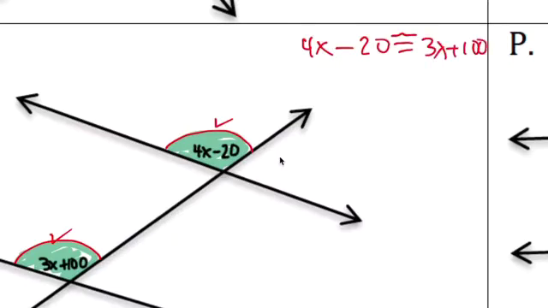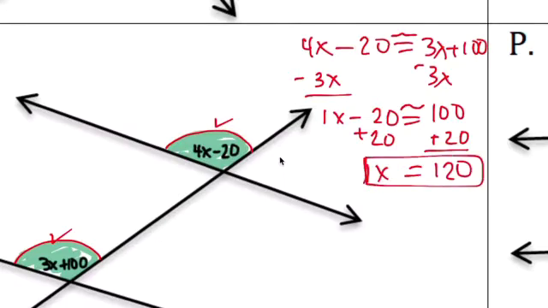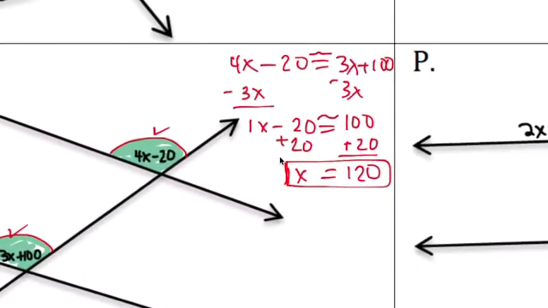So you solve that by minusing 3x, minusing 3x. You get 1x minus the 20, congruent to 100. Add 20, add 20. 120 equal to 1x. And if you divide by 1, it's the same thing, so x is 120.